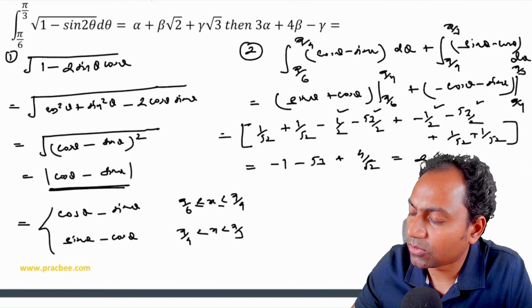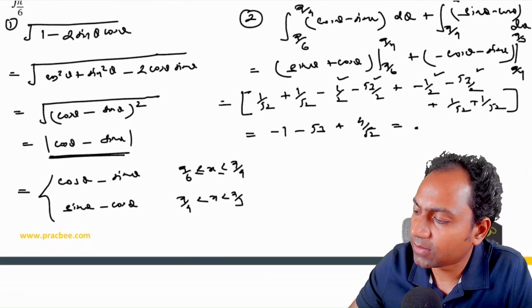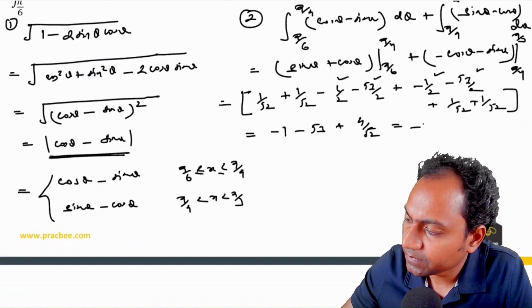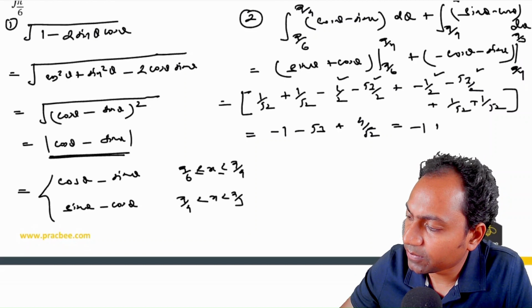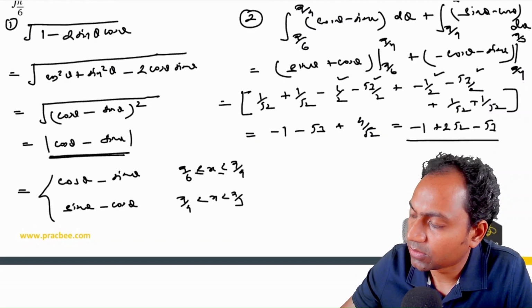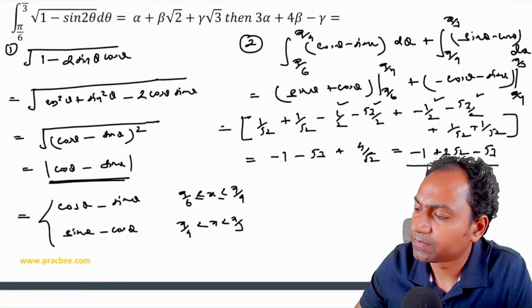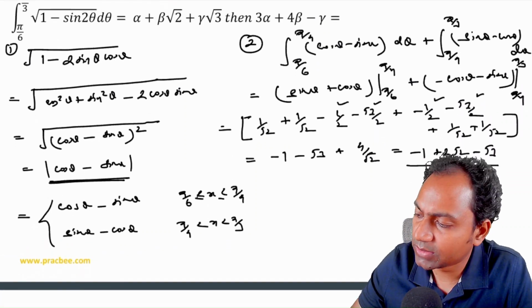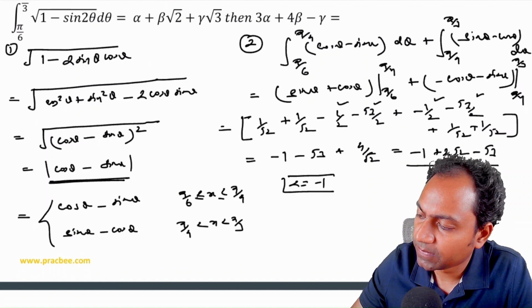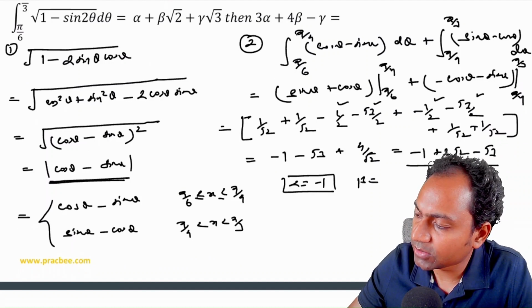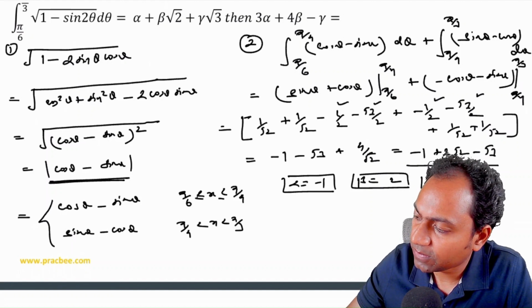So if I see in the question format, alpha is nothing but minus 1, then we have plus 2 root 2 and then minus root 3. So the value of alpha comes out to be minus 1, the value of beta comes out to be 2, and the value of gamma comes out to be minus 1.